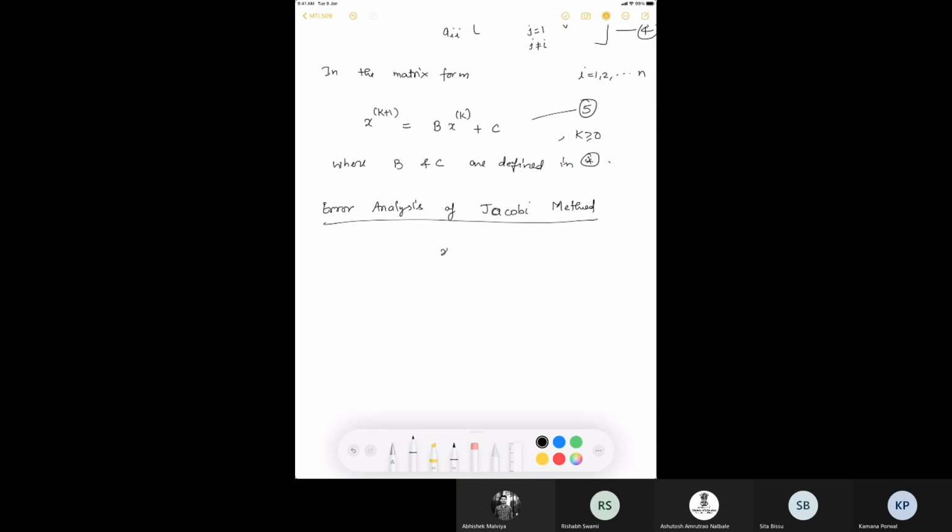So x is the exact solution and xk is the kth iterate. So the error I'm going to denote by ek in the kth iterate.